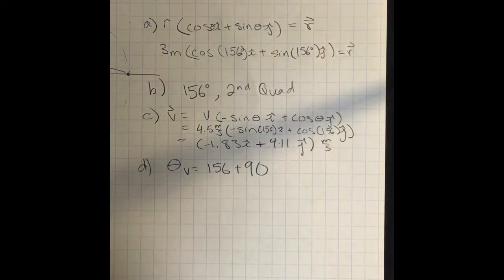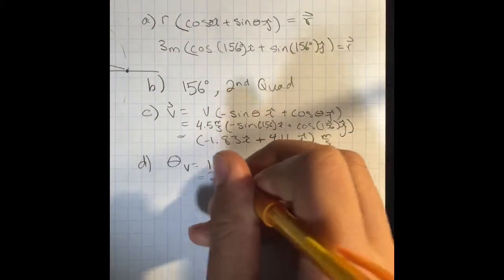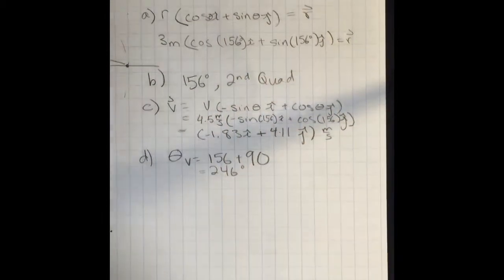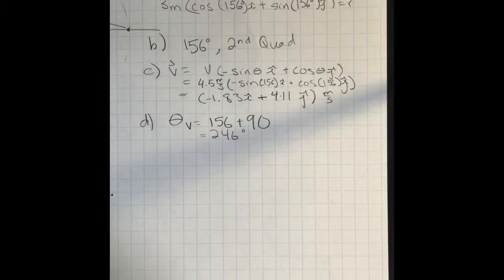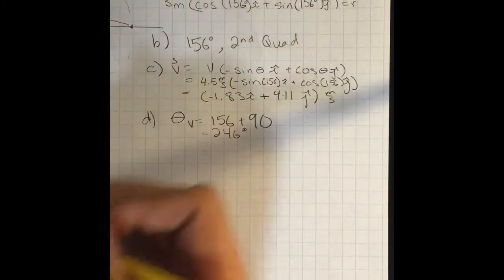So for that, we get 246 degrees, which is the angle the velocity is going at.